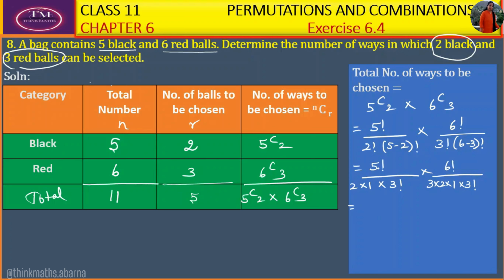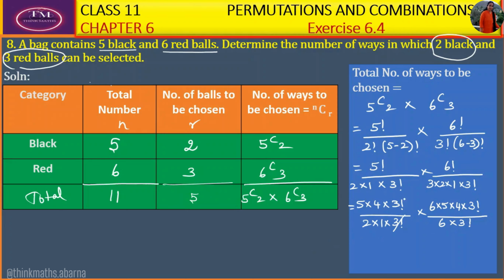So 5 factorial can be written as 5 into 4 into 3 factorial, stop with that. Then we have 3 factorial divided by 2 into 1 into 3 factorial, into 6 factorial, which is 6 into 5 into 4 into 3 factorial, stop with this 3 as we have the factorial for 3, divided by 3 into 2 into 1, which is 6 into 3 factorial.